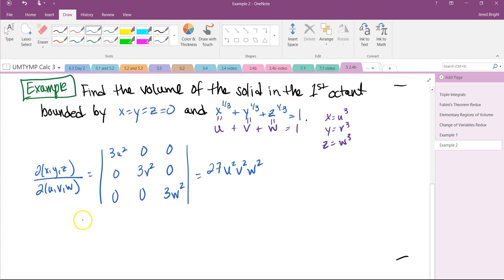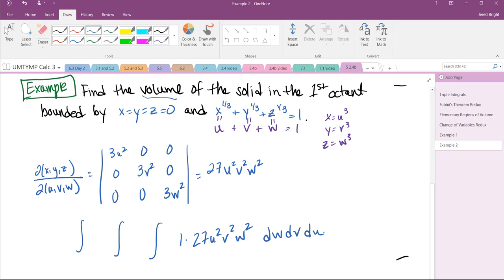Then if I look at the region of integration, and I'm finding the volume, I should actually say I can sketch it, I just choose not to. But we are integrating 1 times the Jacobian, so 27 u squared v squared w squared. Then I pick an order of integration. I don't know, let's do dw, dv, du, just for fun.